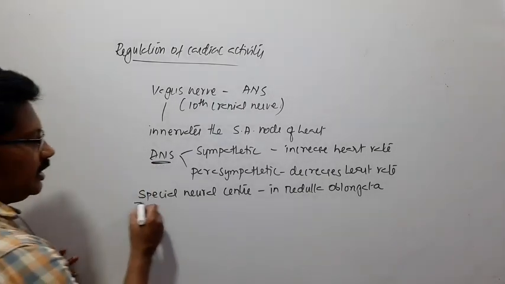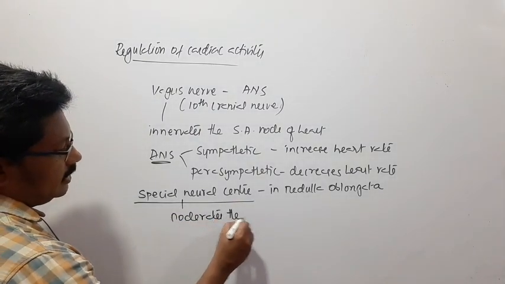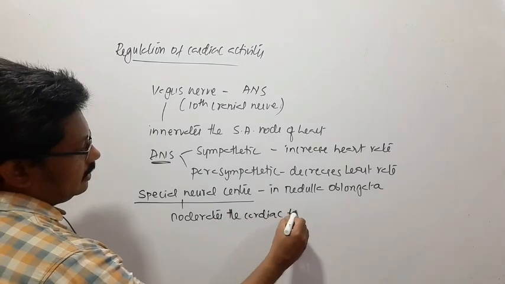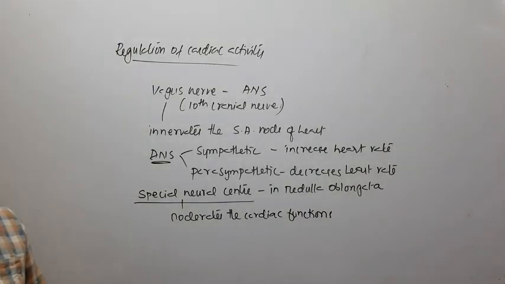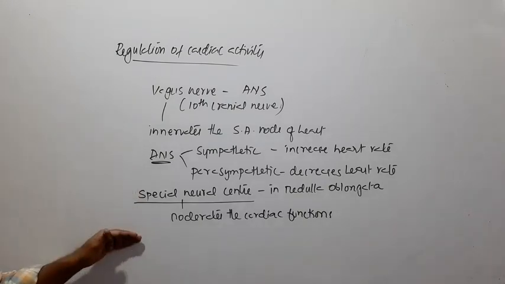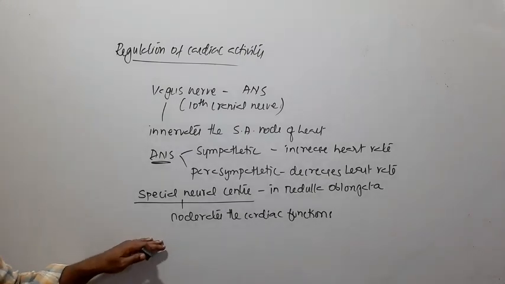So this special neural center moderates the cardiac functions, right, to increase or to decrease, and that will be through the sympathetic and parasympathetic. This is about how the nervous system indirectly controls the heart rate. Then we'll see about hormones.